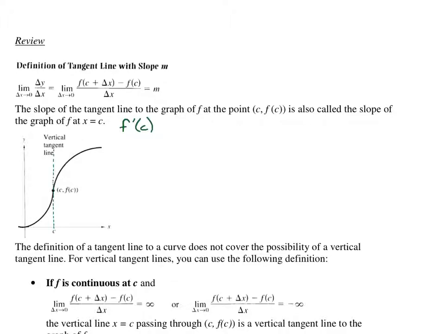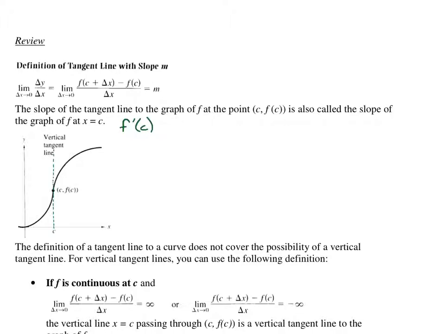So, we just saw a case where the derivative was undefined because it was at an endpoint. Here's another case where the derivative will be undefined. We have a vertical tangent line, but it's not actually at an endpoint. It's just at a point where we're changing the curvature there, okay?